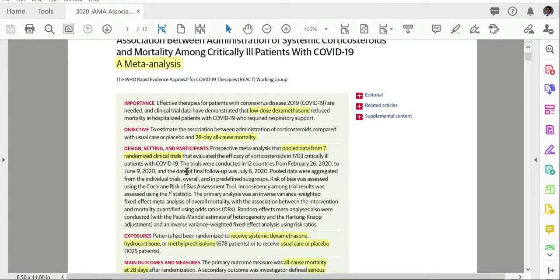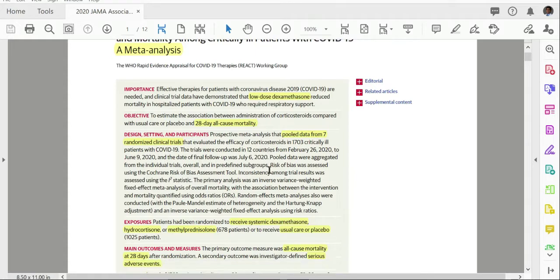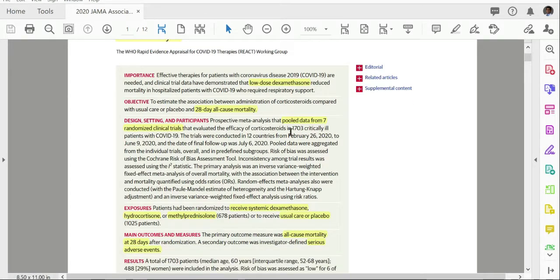Their searches were conducted up to, I think, July 6th, so some time ago, and they went through the entire process. They were mainly looking at systemic dexamethasone, hydrocortisone, and methylprednisolone, so 3 types of steroids, as opposed to the usual care or placebo.